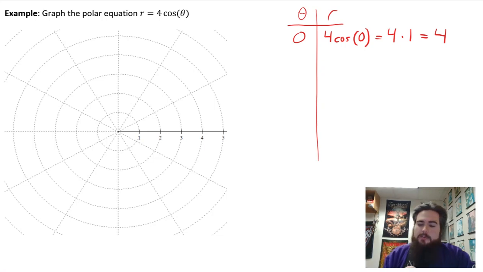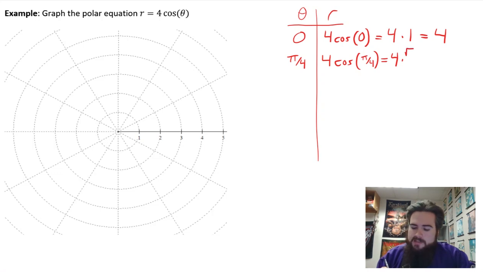I can continue to plug in values as I so please, but in this case, I'm going to choose to plug in pi over 4 next. If I do so, I will get 4 cosine of pi over 4. Cosine of pi over 4 is positive square root of 2 over 2.